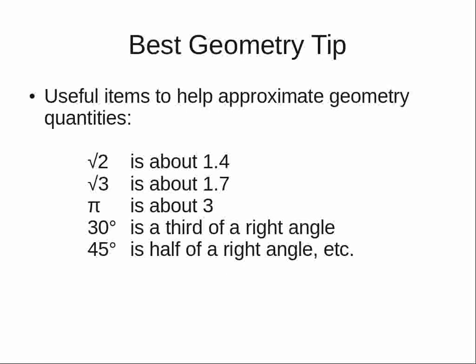And you can apply this thinking to other larger angles. For example, 135 degrees is going to be a right angle plus a 45-degree angle, right? So that'll be a right angle plus half of a right angle. So that'll give you a sense of these sizes to help you approximate angles.